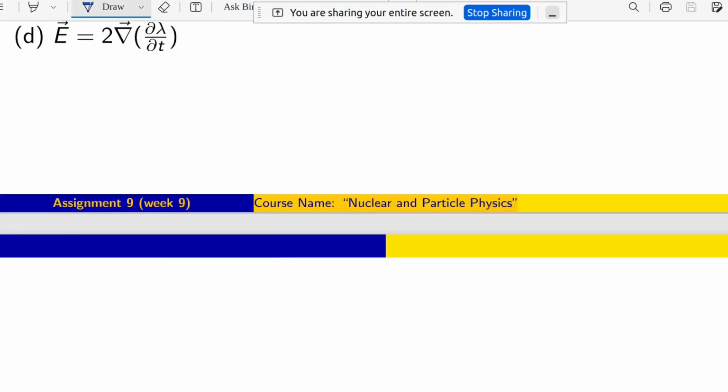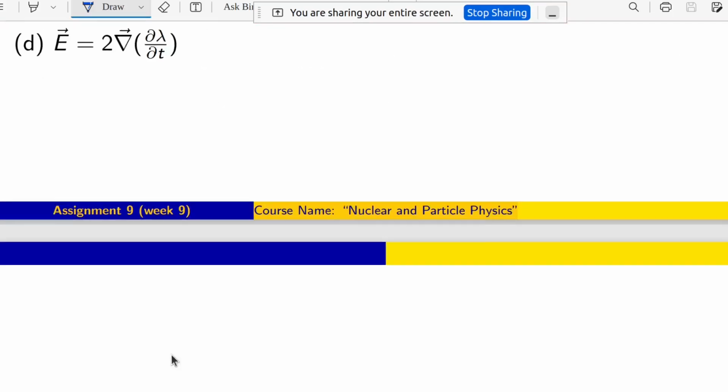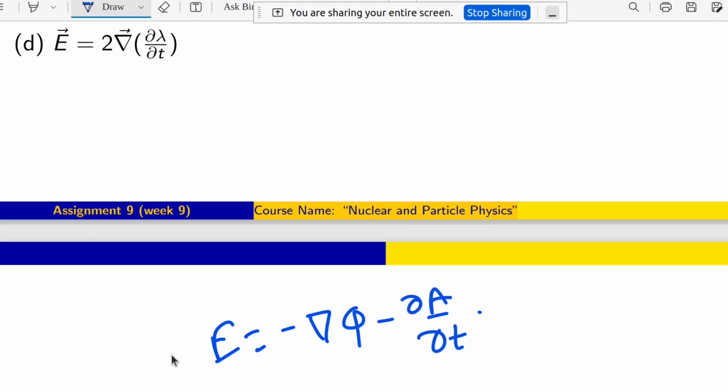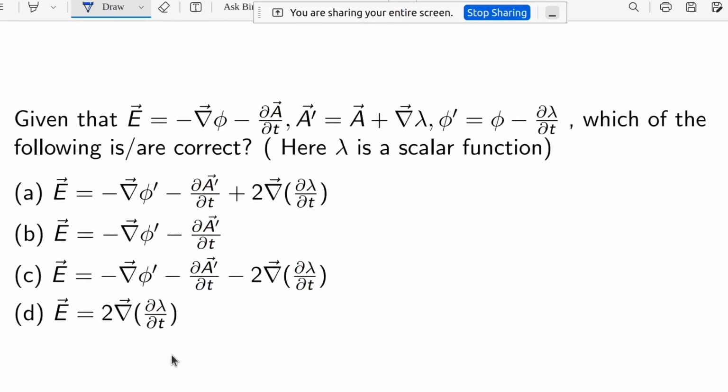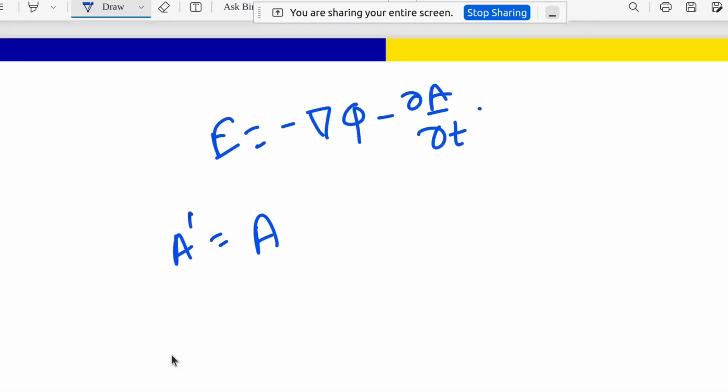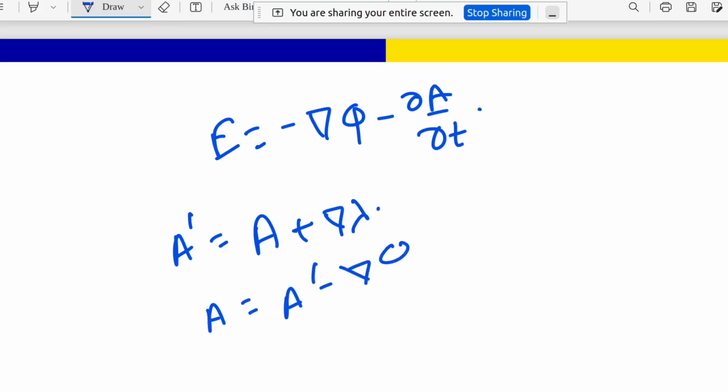So here, first of all we are going to write E equals minus grad phi minus del A del t. Now A prime is what? A prime is A plus grad lambda. So obviously I can write A equals A prime minus grad lambda, right?